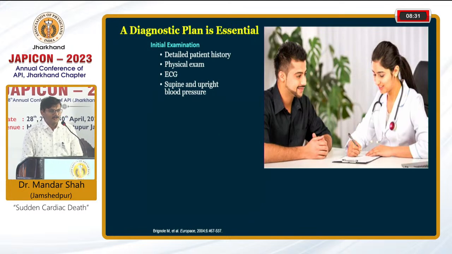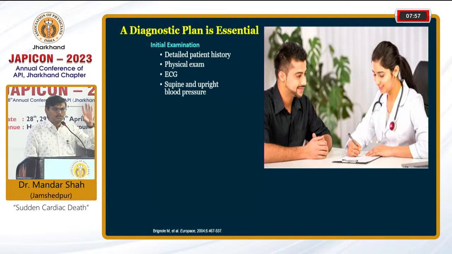So whenever you have a patient with syncope, how should you approach? First of all, you should have a diagnostic plan. And in your diagnostic plan, the initial assessment is of utmost importance. These 4 or 5 points: a detailed, elaborate patient history, physical examination including peripheral pulses, including carotid sinus hypersensitivity, including auscultation for heart sounds, etc., ECG, and supine and upright blood pressure.